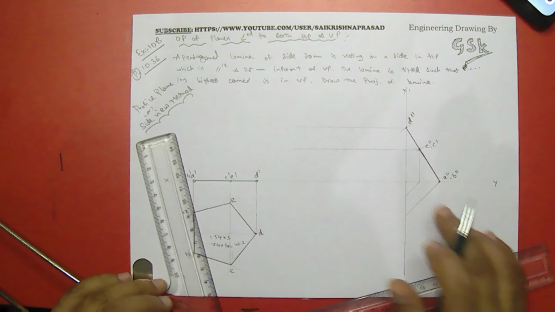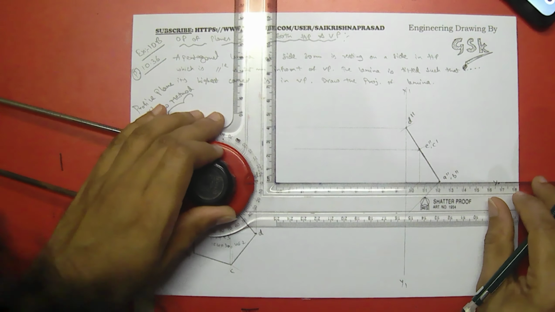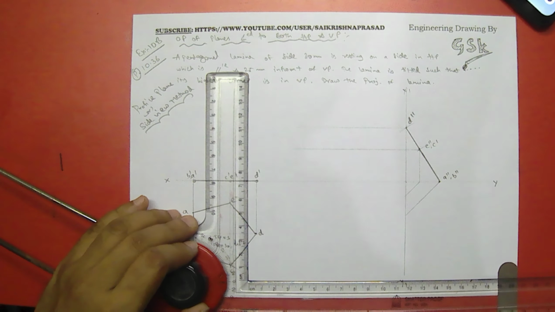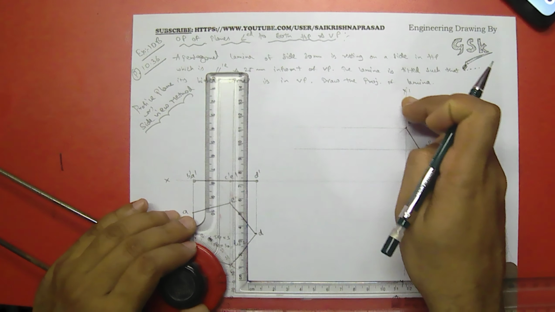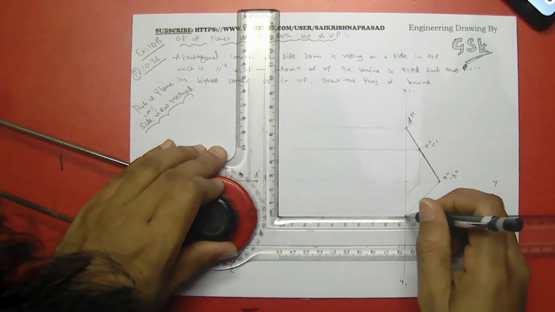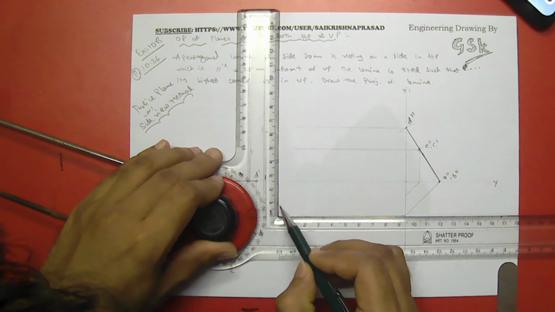This distance is 25, so this distance also becomes 25, and D is on VP, so the side view and the front view fall onto the reference line. See here, this distance is 25 and this distance is also 25.